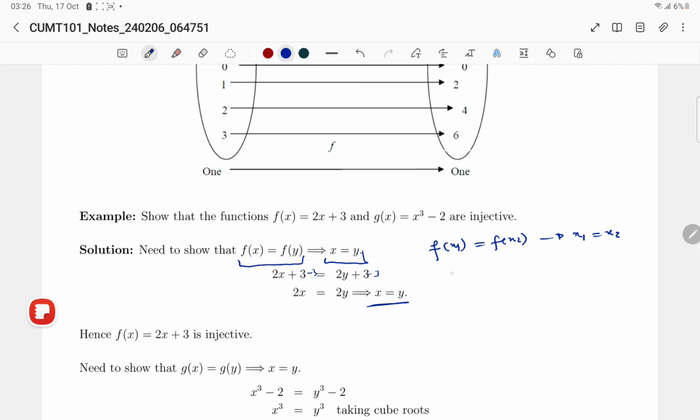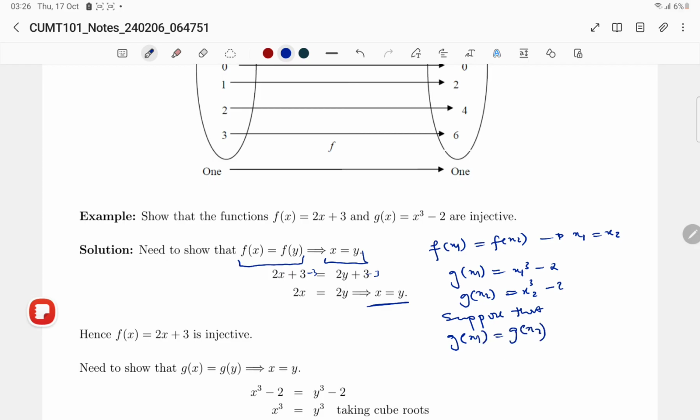g of x1 would be equal to x1 to the power of 3 minus 2, and g of x2 is equal to x2 to the power of 3 minus 2. From our supposition, we suppose that g of x1 is equal to g of x2.